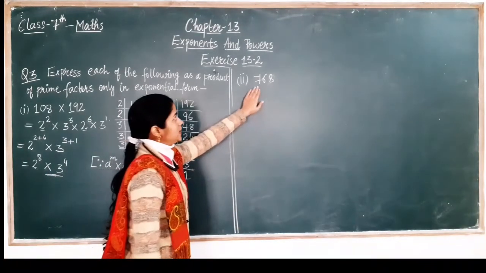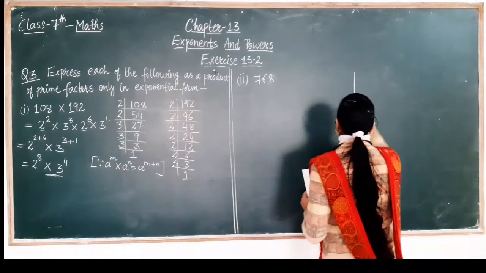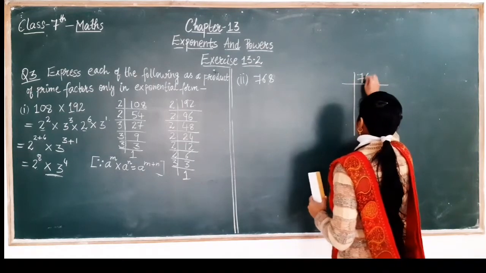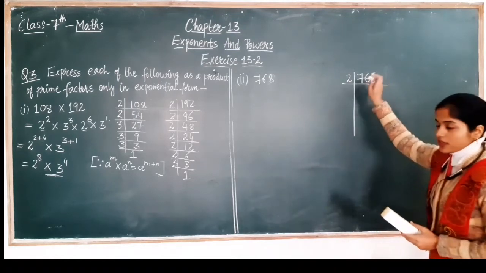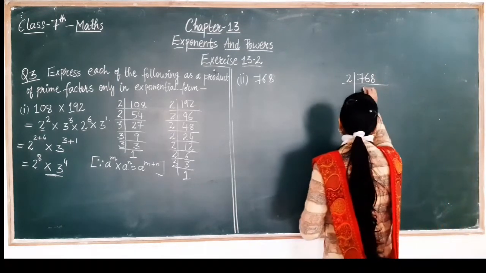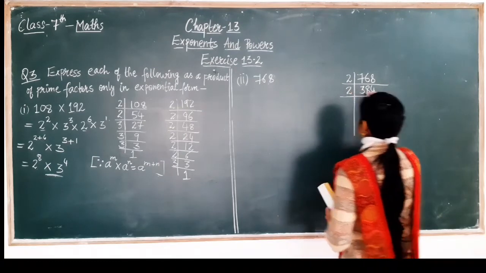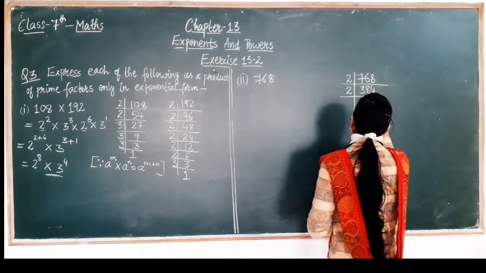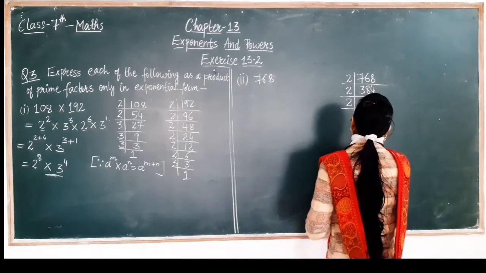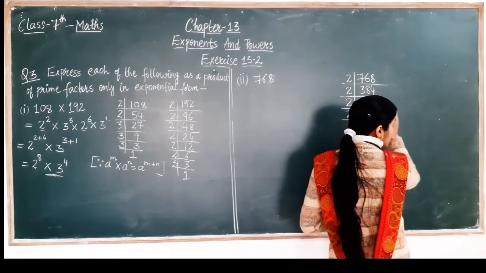Now we'll see our next question, that is 768. First we have to do the prime factorization. So 768, as it is an even number, we'll first divide it by 2. So we'll get 384. On further dividing, we'll get 192. Then we'll get 96.